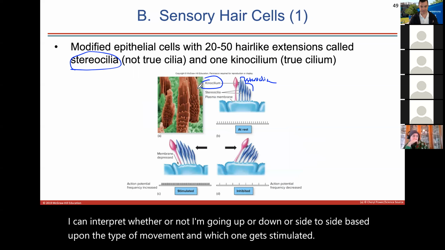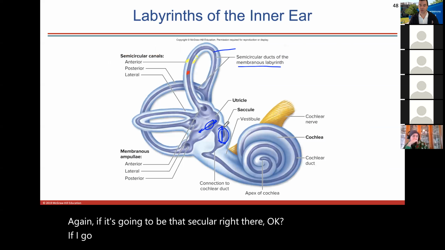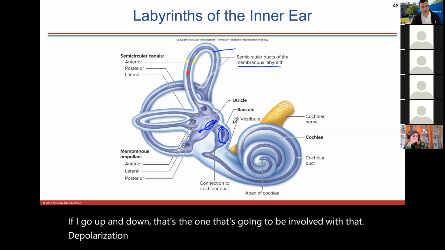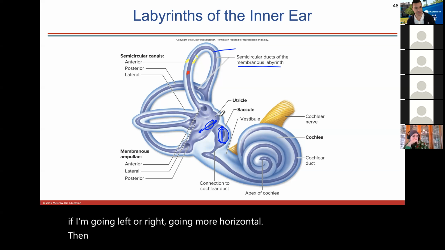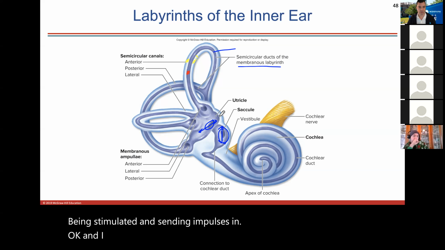If it's the saccule, if I go up and down, that's the one involved with that depolarization. If I'm going left or right, more horizontal, then it's the utricle that's being stimulated and sending impulses in. And I can interpret that as linear motion.